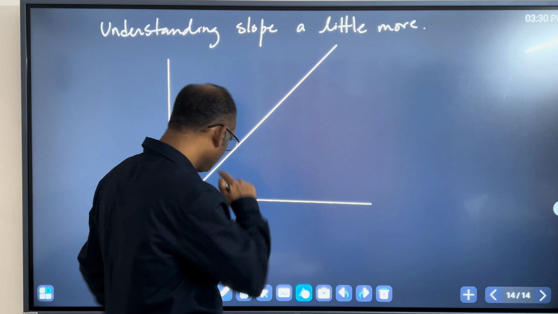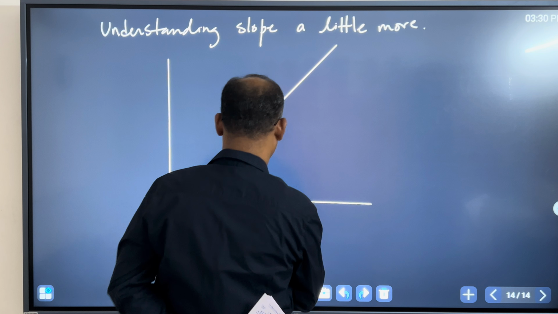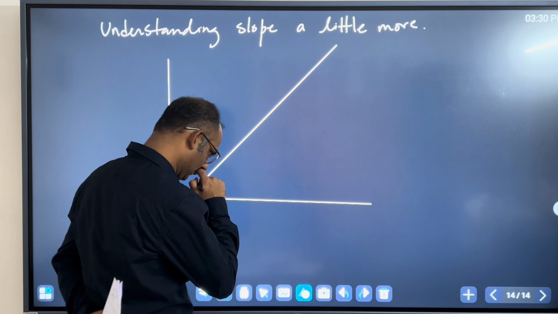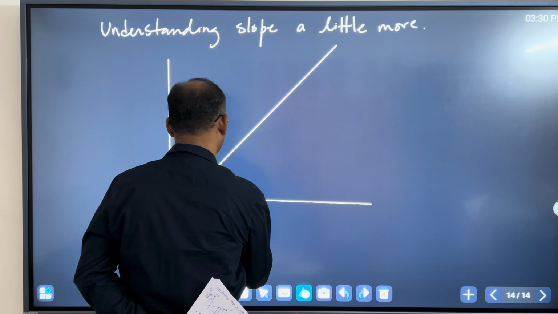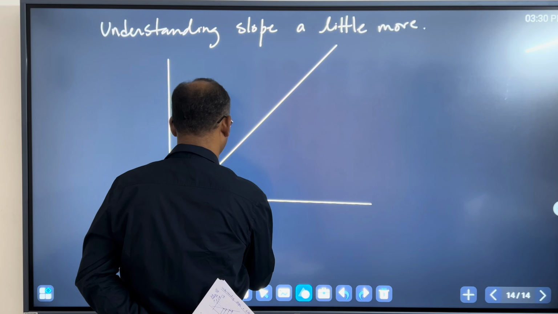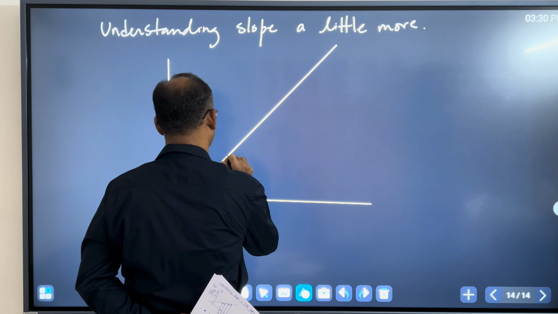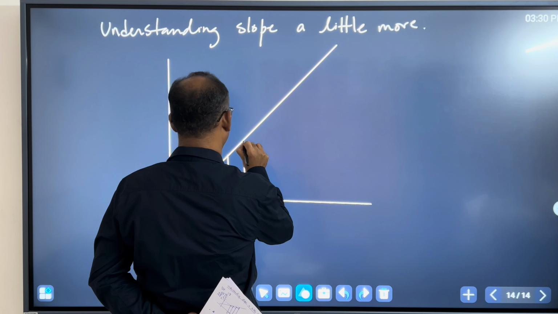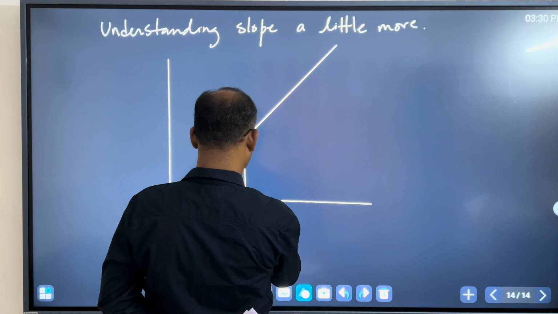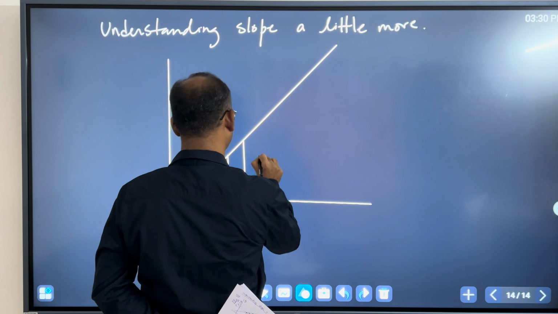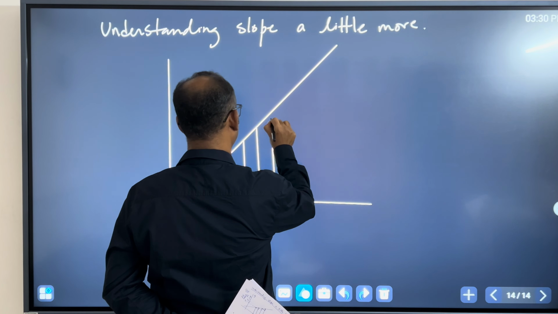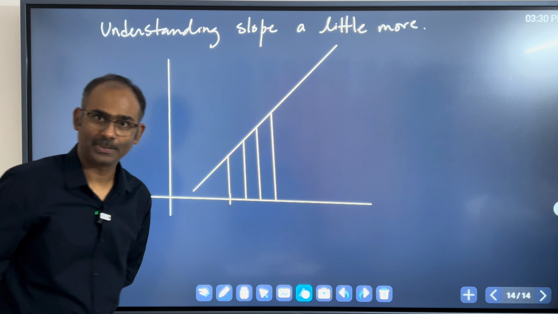Okay, and let's mark some equidistant points. I'm not sure whether I can mark equidistant points. So let's say this. So that's some point. You have to tell me whether it is looking equidistant. Do you think this is equidistant? Looks like. Fine.